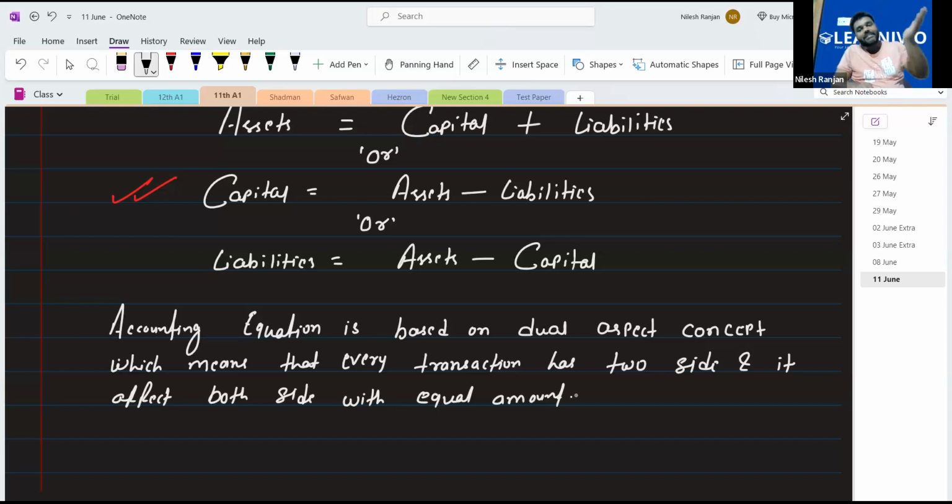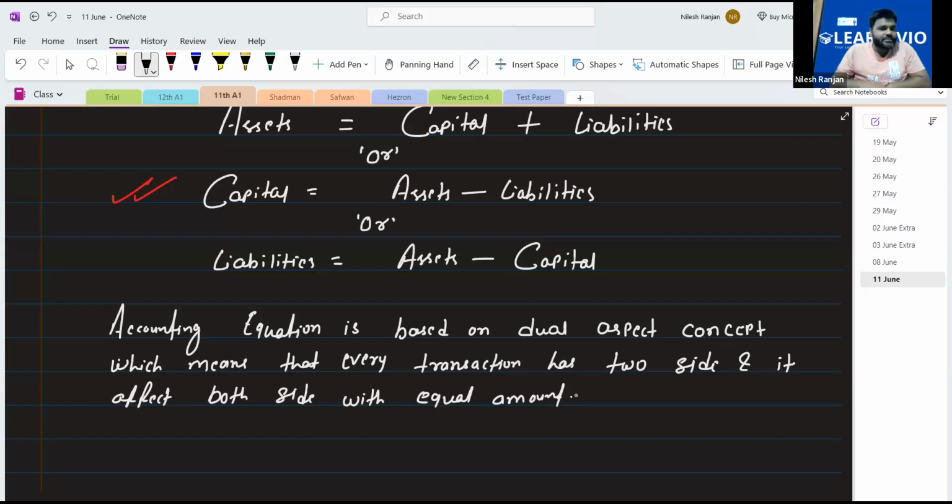One asset is increasing, the other asset is decreasing. In this case also, both sides are affected by equal amount: zero on the asset side and zero on the liability side. If one asset is increasing by 5,000 and the other asset is decreasing by 5,000, the net effect on assets is zero.